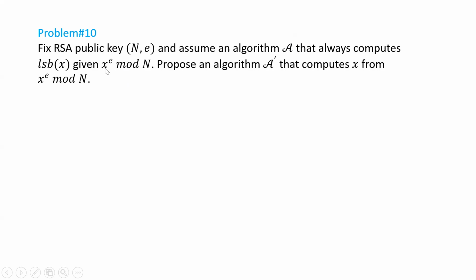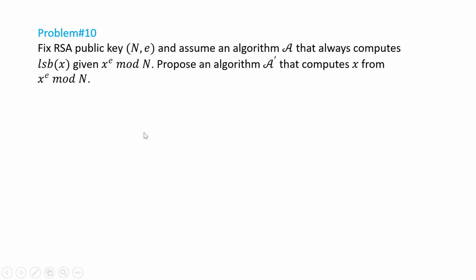Now, if you are able to derive the least significant bit of x, what you can immediately do to get the second least significant bit of x is bitwise right shift the value x to get the value x by 2, right? So you actually have the value of x to the power e mod n.